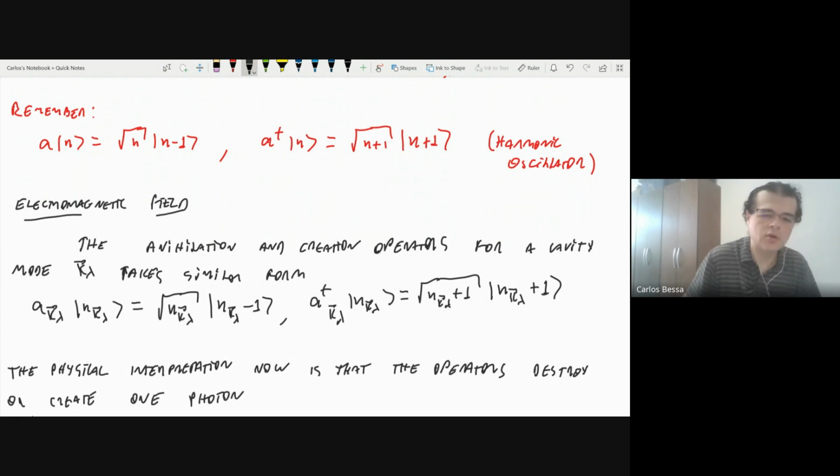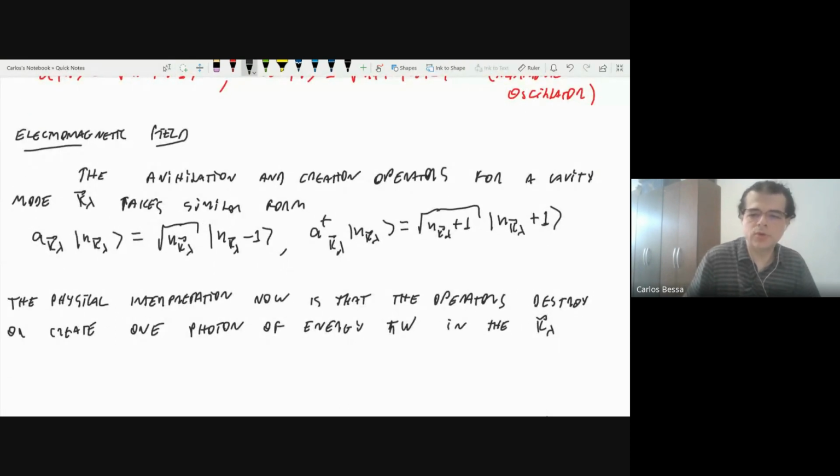One photon has the energy associated with the harmonic oscillator, so it is h bar omega in the mode k lambda.